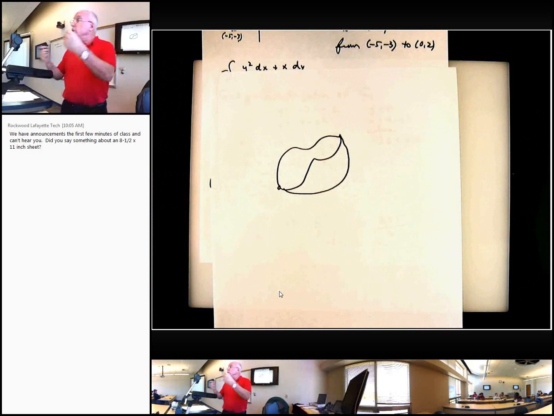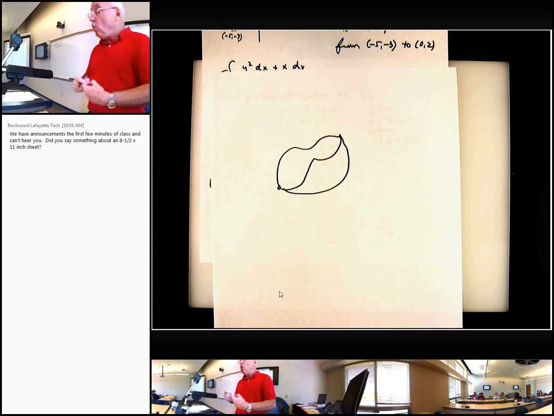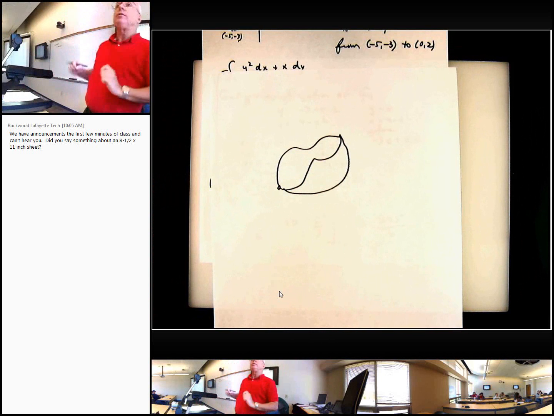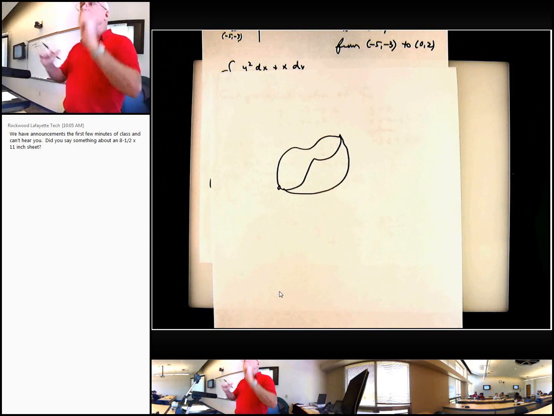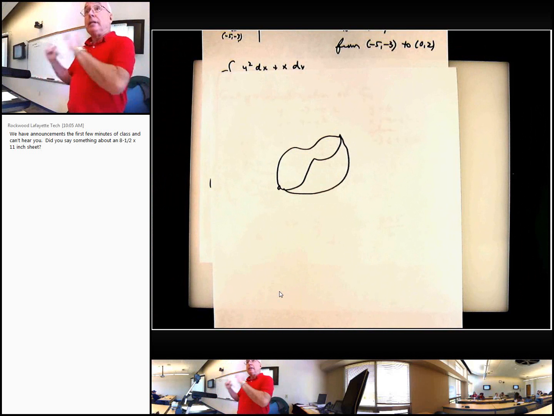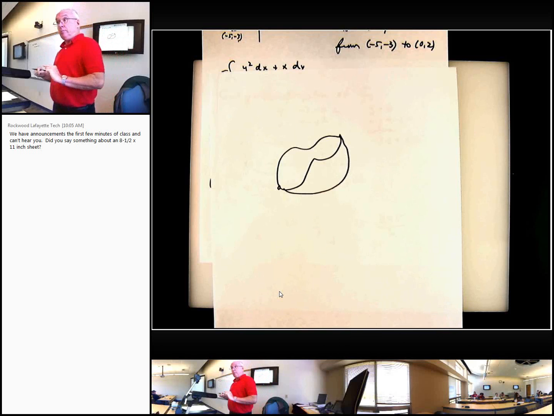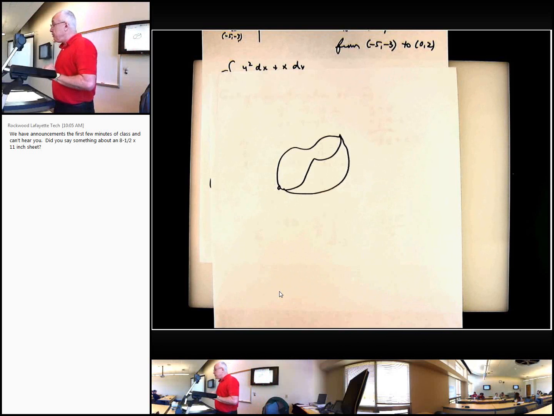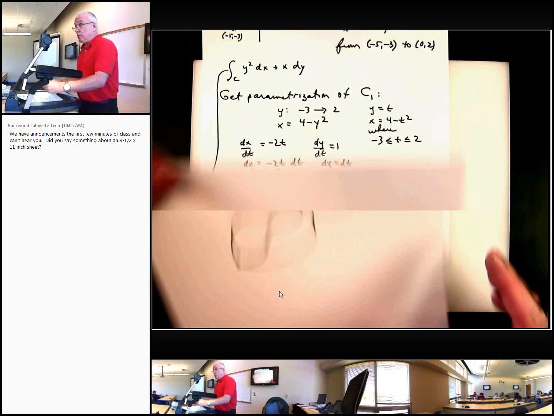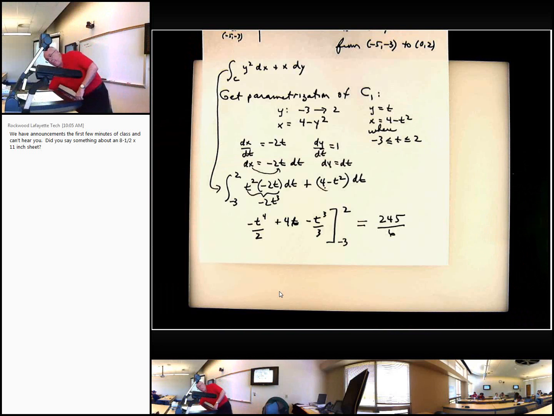So there are certain conditions that will be met where, as long as we have the same beginning and ending point, we get the same value. But the conditions are not met in this particular example. And we have two different values for two different curves. Okay. All right.